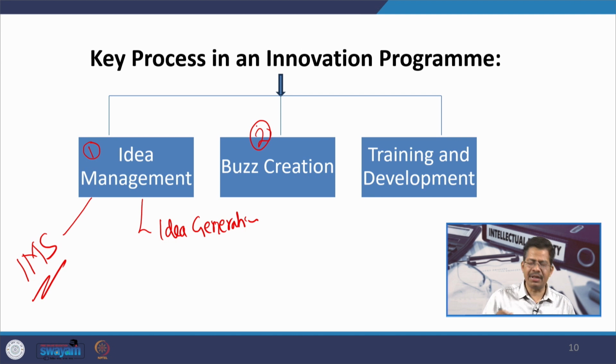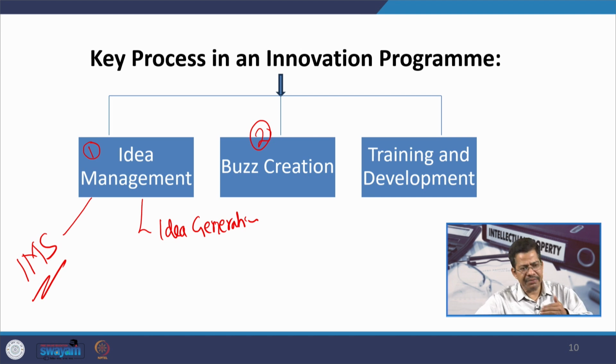Second is buzz creation. Only an idea is not sufficient. This idea needs to have a lot of followers. It has to have some critical mass. Only then will it be possible for this idea to get you some kind of monetary return or the objective you have. And for that purpose, buzz creation is part of our IP portfolio management.